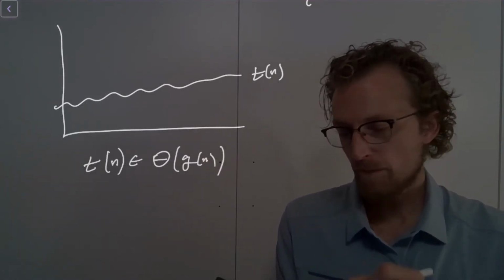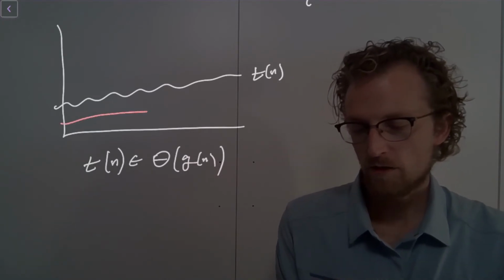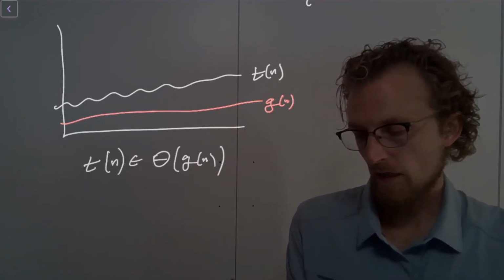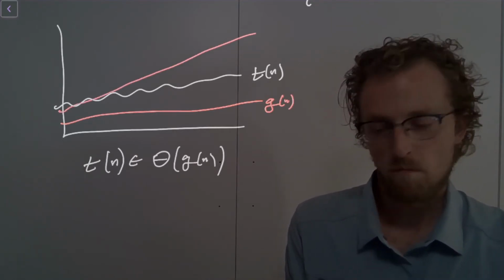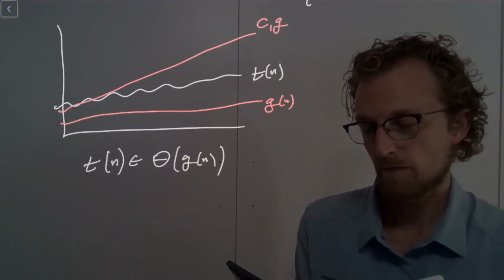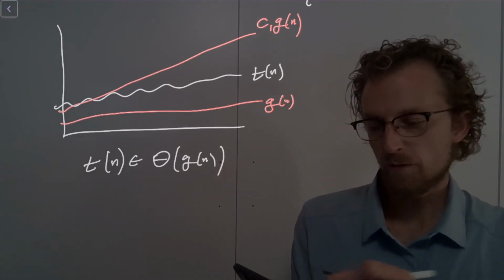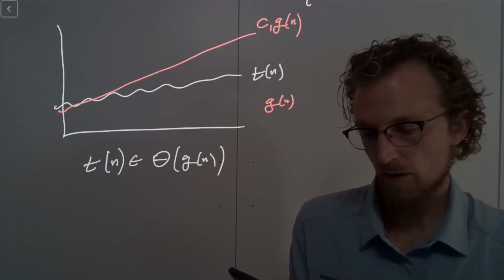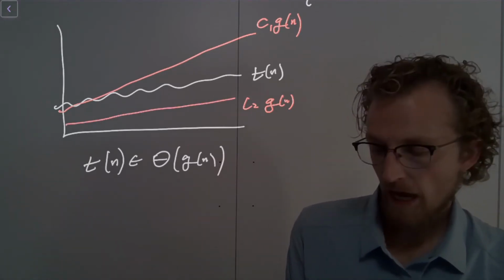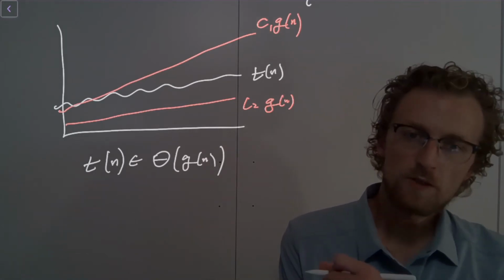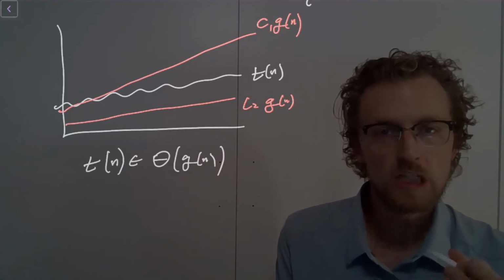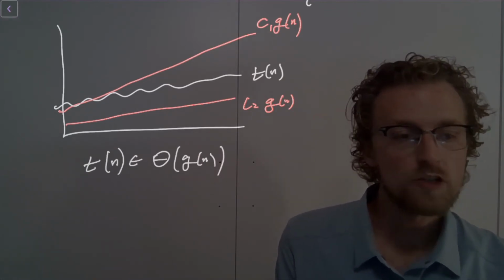So I might draw something like this. Here's g of n, and here's g of n scaled up. I'll call this C1 g of n. And for completeness, I'll call this C2 g of n. And so what do we have? If we zoom out far enough, t of n is always going to be in between these two scaled copies of the same function, g of n.